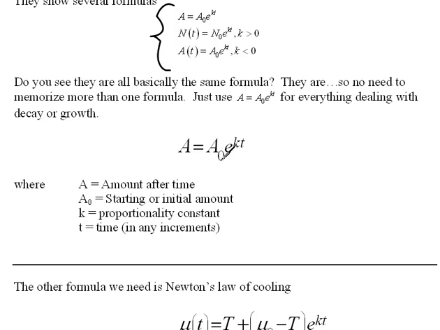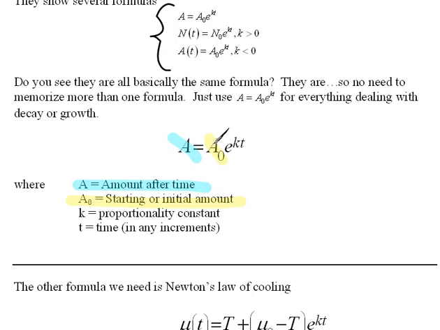Your A naught, or your A sub 0, anytime you see this sub 0, that almost always means an initial or a starting amount. So A naught is our starting or our initial amount. The plain A here is our amount after time.